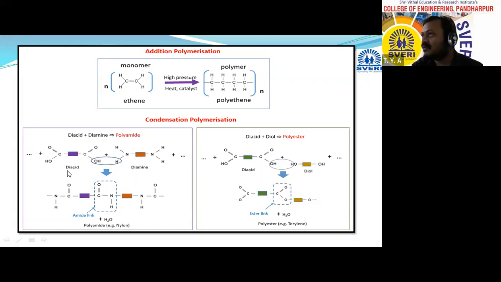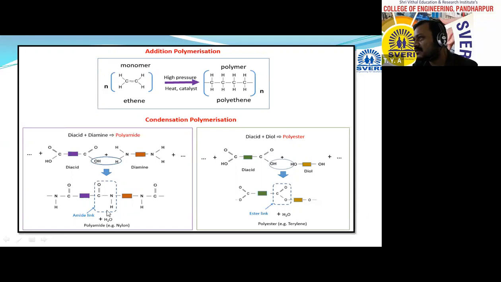Okay, now the diacid and diamine groups will stitch together or be joined. In this process, this OH from this side will combine with the hydrogen and form water. One byproduct is formed here, and the remaining part will be attached together.